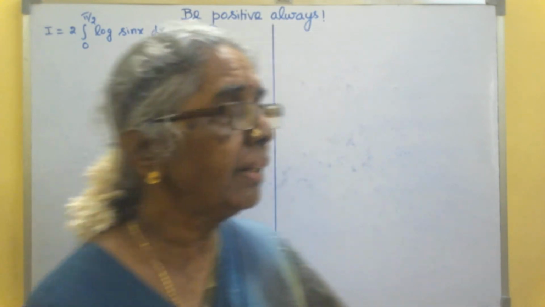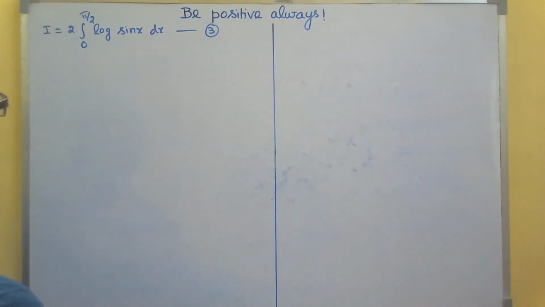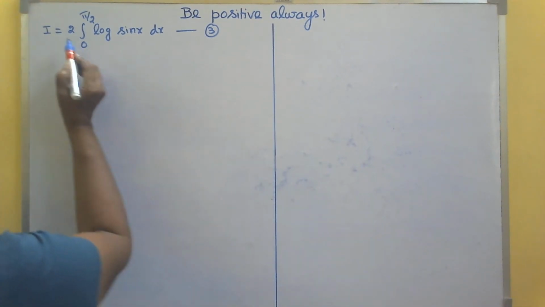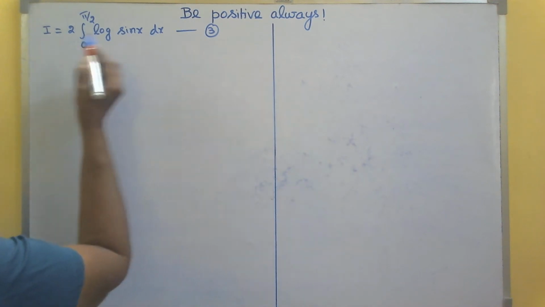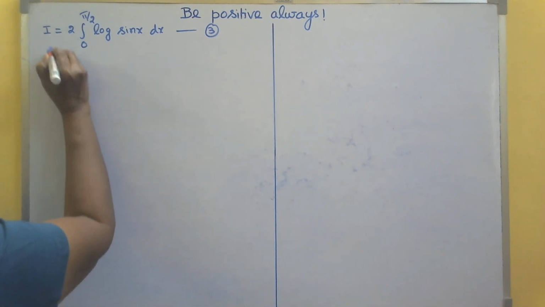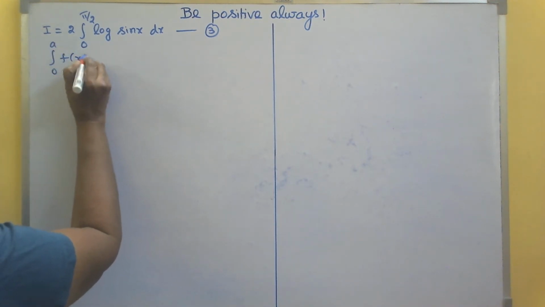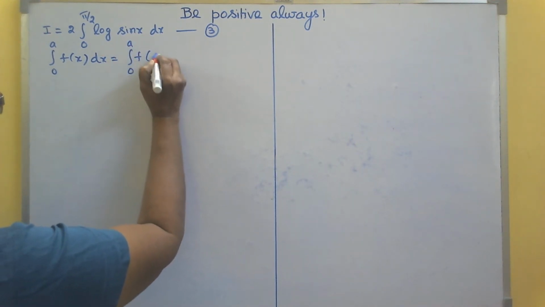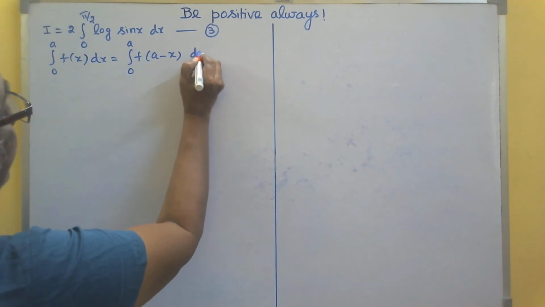Now let us proceed. I is equal to 2 times integral 0 to pi by 2 log sin x dx. So we are going to proceed as in the example sum. Only this 2 is extra, let us do it. Now let us use the property integral 0 to a f of x dx is equal to integral 0 to a f of a minus x dx, right?